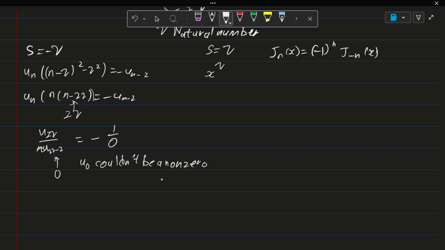So this drives a way for you to solve such a problem in which, instead of doing x to the power of s times the sum of a_n x to the power of n for your first solution, your second solution would be guessing another solution, which is the natural log of x times y1, and then you take this second one, the sum of b_n x to the power of n.